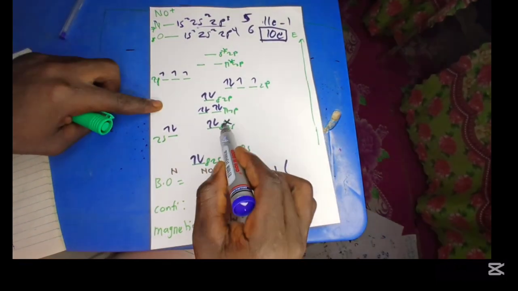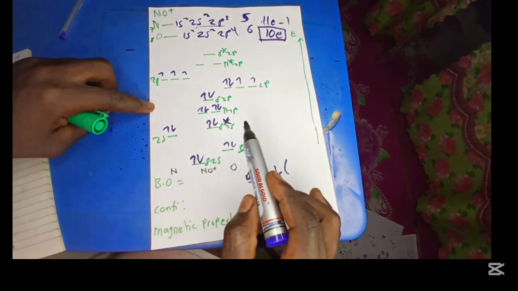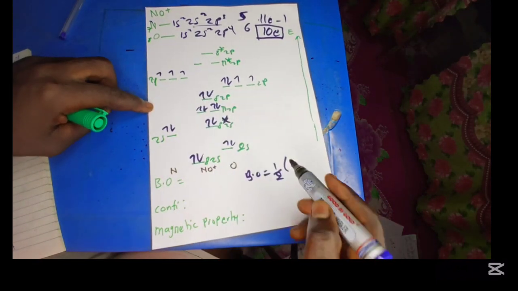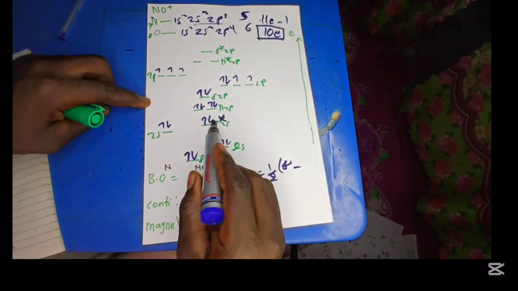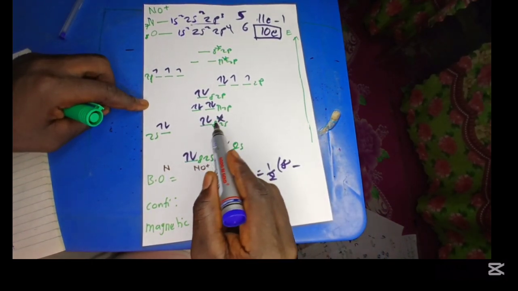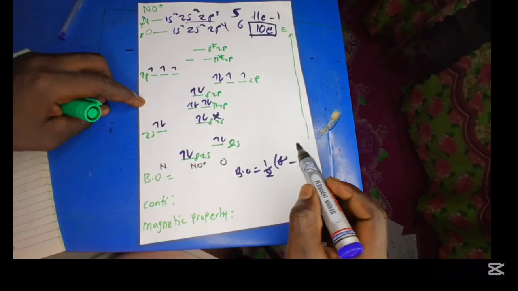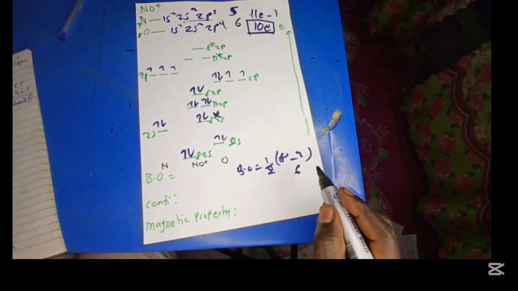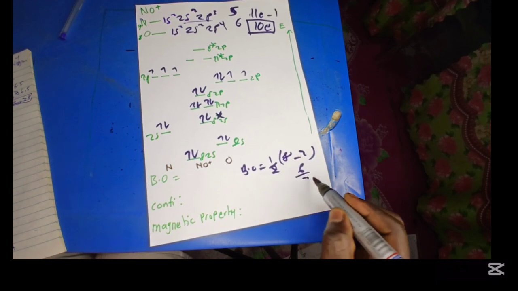This one is an anti-bonding molecular orbital. So 1, 2, 3, 4, 5, 6, 7, 8. So we have 8 minus. The only anti-bonding molecular orbital we have here is sigma star 2s. So 2 electrons. We have 6. So at the end of the day, 6 over 2 giving us 3.